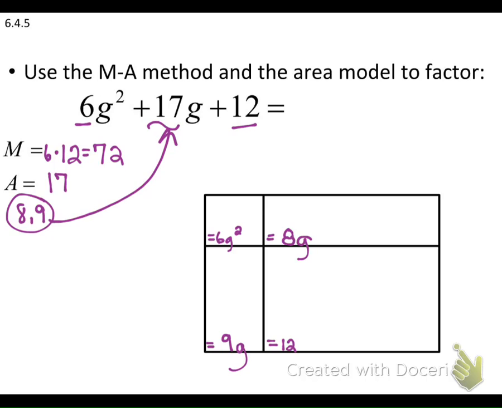If you can save yourself a little bit of work, I would just think, what's the biggest number that 6 and 8 are both divisible by? 4. Can I take 6 and divide it by 4? No. 2. And what variable do they both share? G. So this becomes my what? The height of my top row, right? Because right now I'm just focusing on the top.